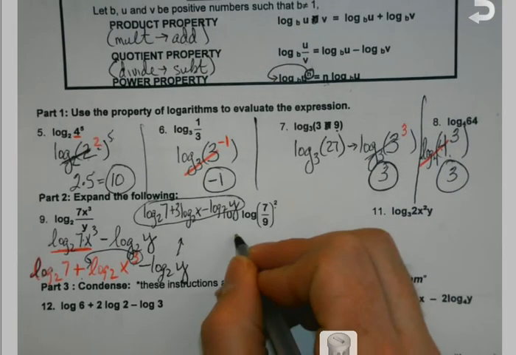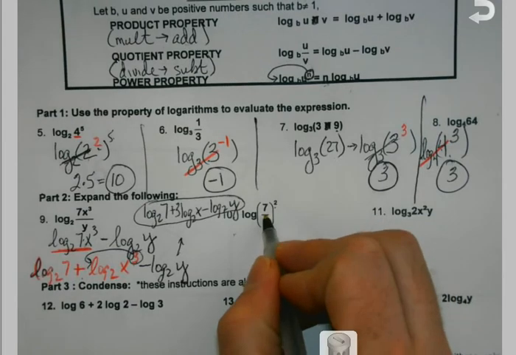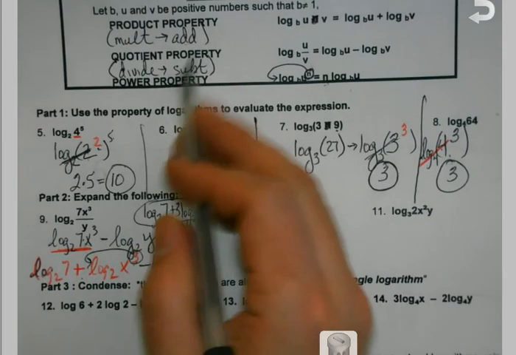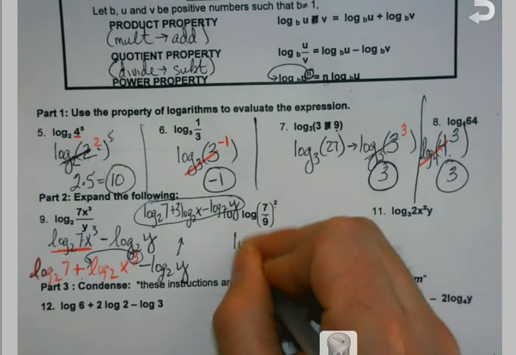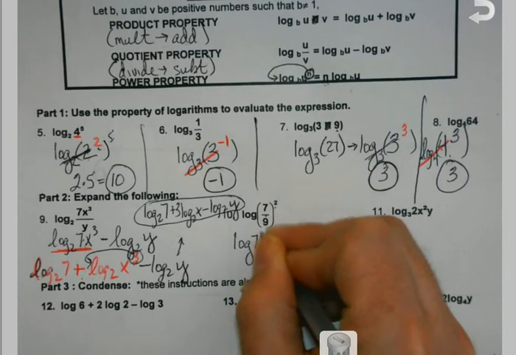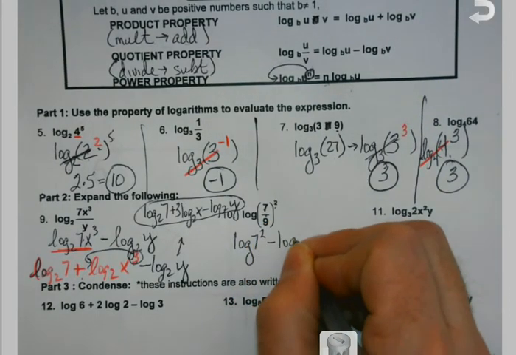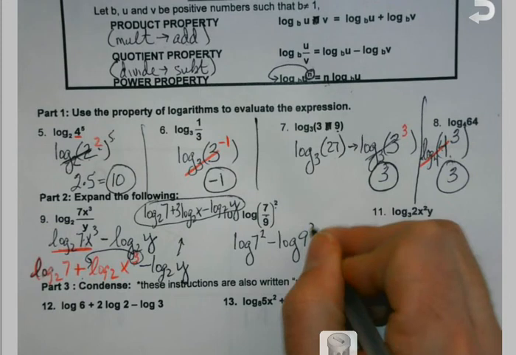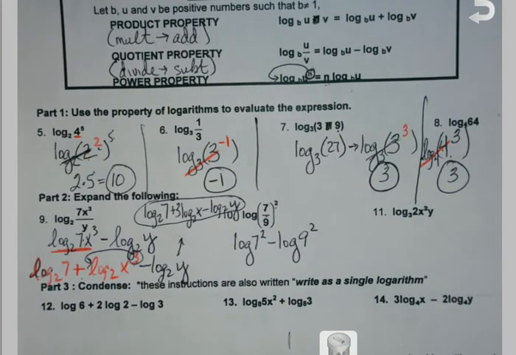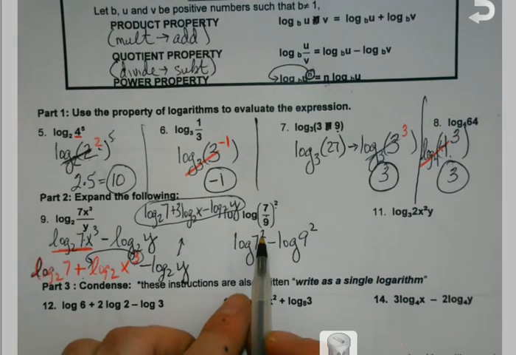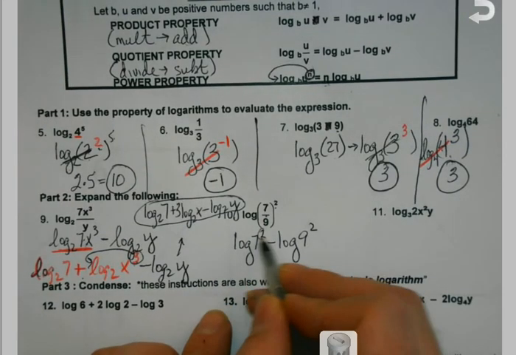So here, the fraction is going to become subtraction, just like we talked about here, except I'm going to take my squared because it needs to go with each of my terms here. And I'm going to take them along. You're like, why don't you just make it 49 and 81? Because remember, I want to expand this. And when I'm expanding, exponents don't just get multiplied.